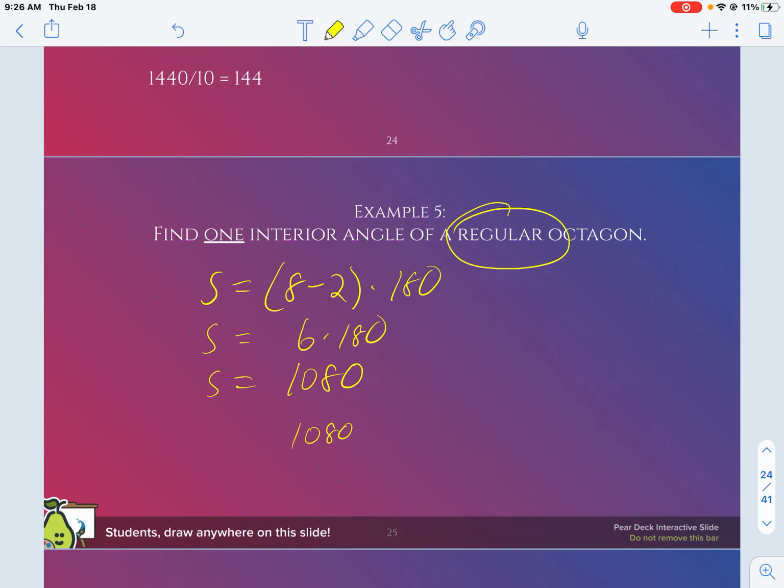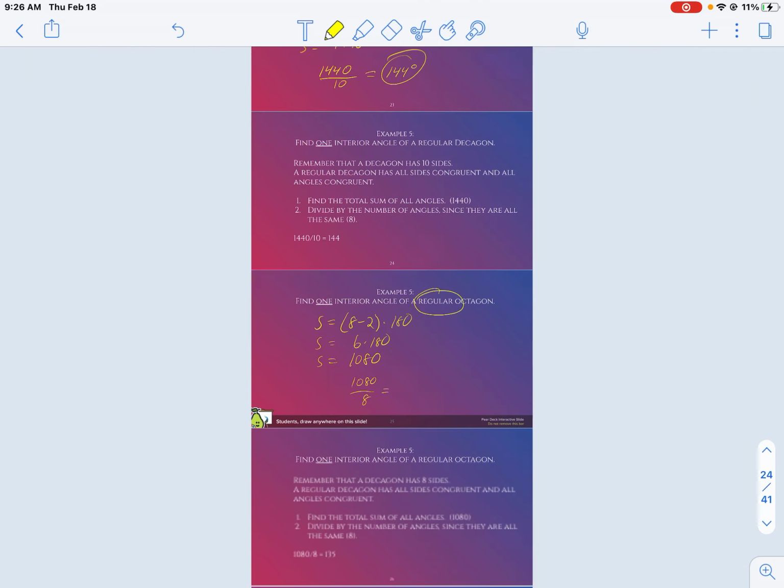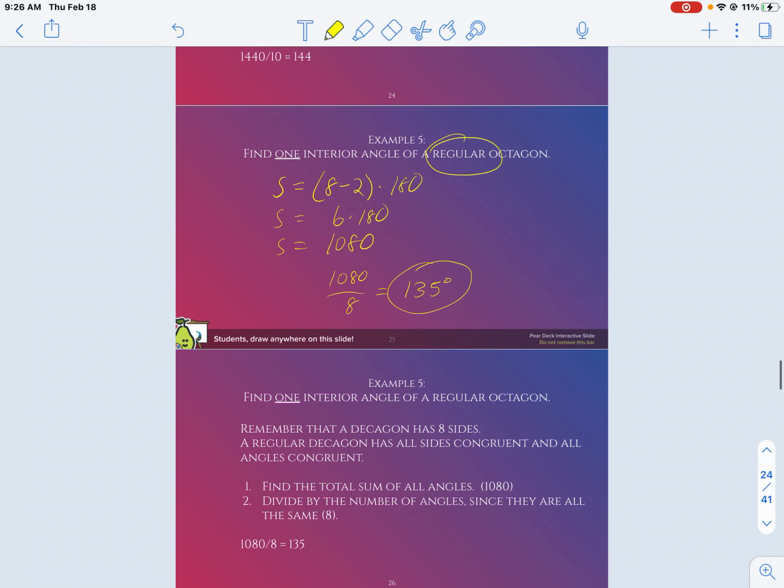So we'll just do 1080 divided by 8. And you get, I'm going to cheat and look down at it, 135. Good. I had the answer down there, so I'm going to cheat on that one.